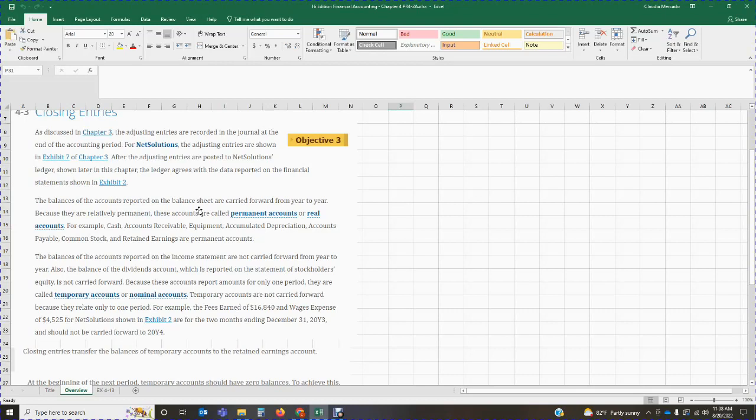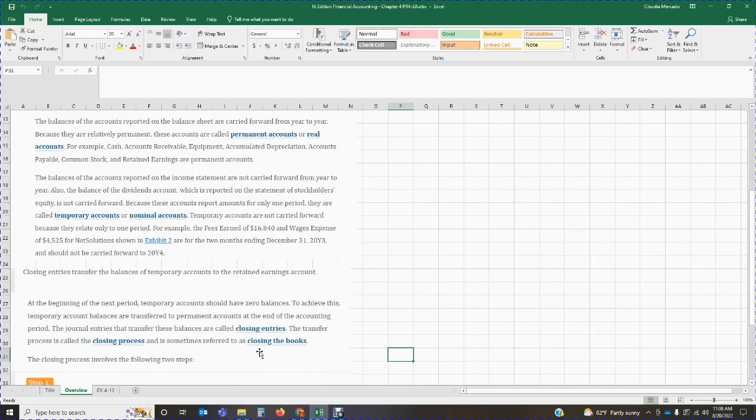Okay, so basically what happens is the closing entries transfer the balances of temporary accounts into your retained earnings account. So basically what we are transferring over to your retained earnings are either your net income or your net loss, and if there was any dividends paid out. Okay, so at the beginning of the next period, all of your temporary accounts should have a zero balance.